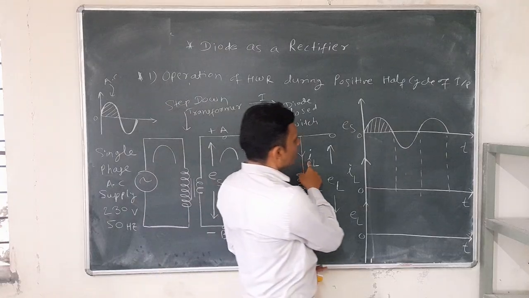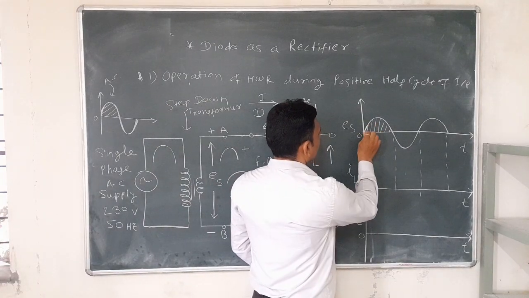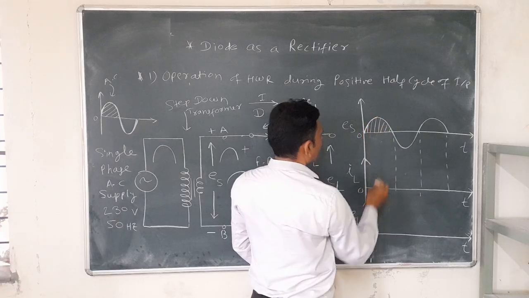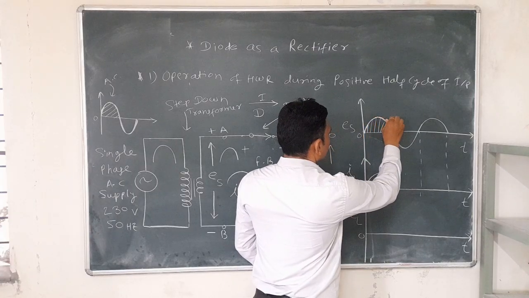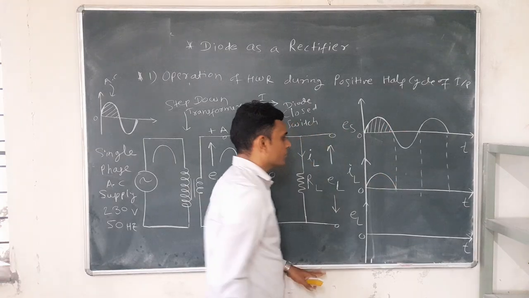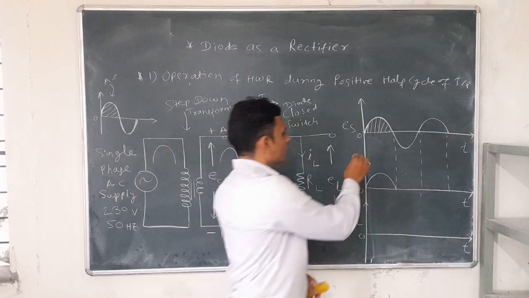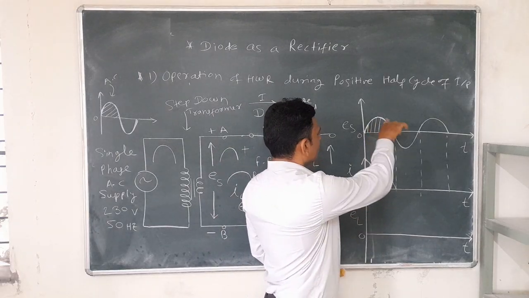Here the magnitude of current depends on the magnitude of the input signal. With increase in input signal magnitude, current increases. When the input signal magnitude decreases, current also decreases.